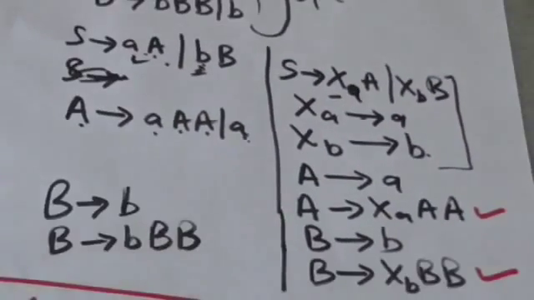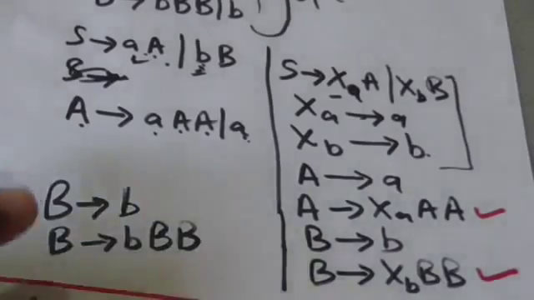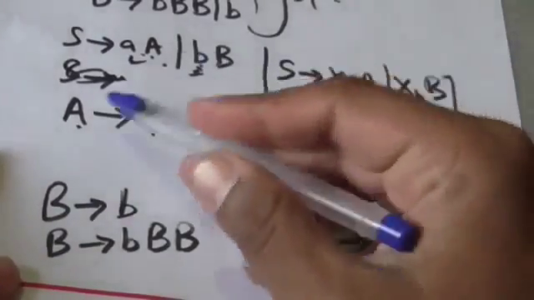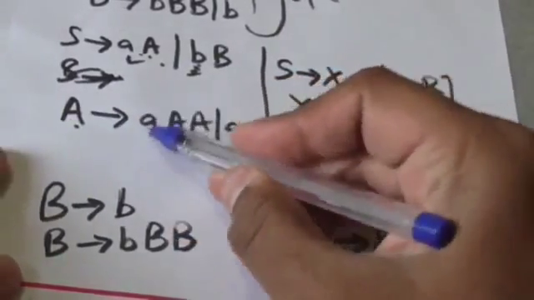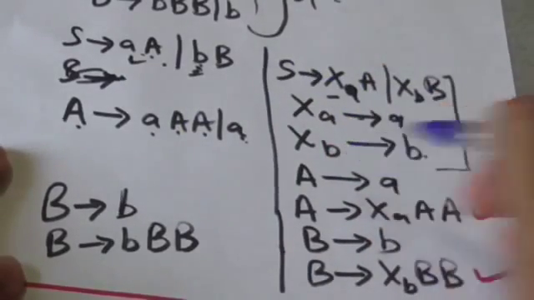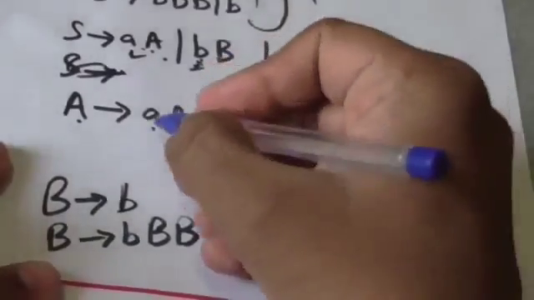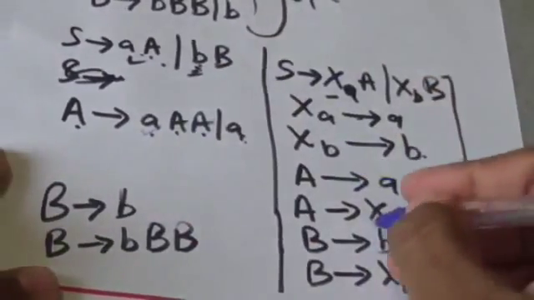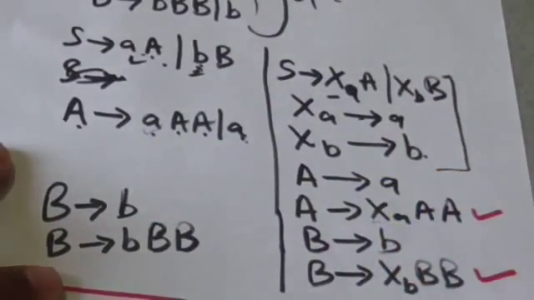Now see this production. A derives A. This production is in CNF, but this production A derives A, it is not in Chomsky normal form. So what will we do? We will replace this terminal by the variable XA, right?